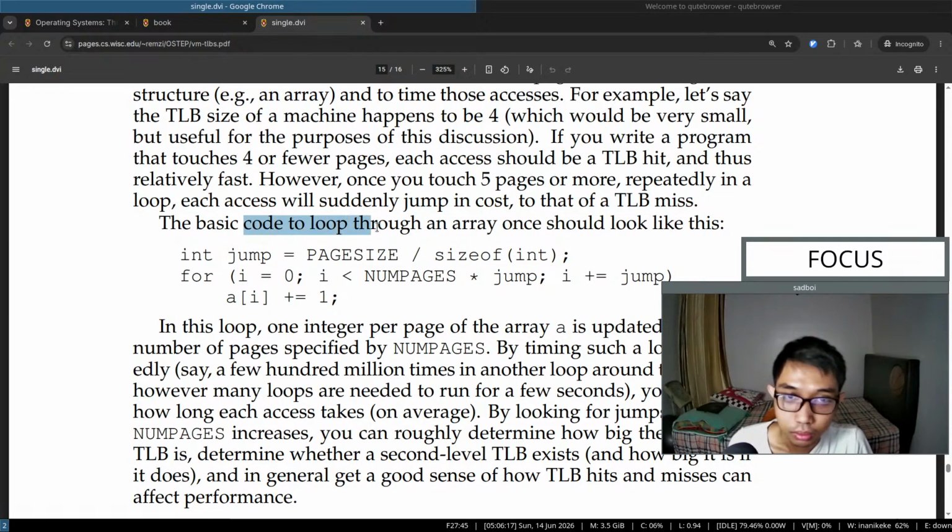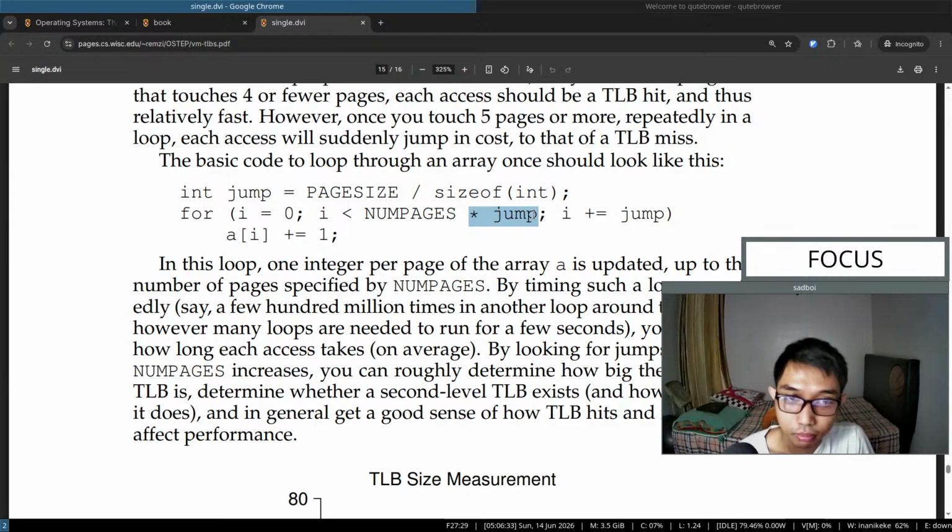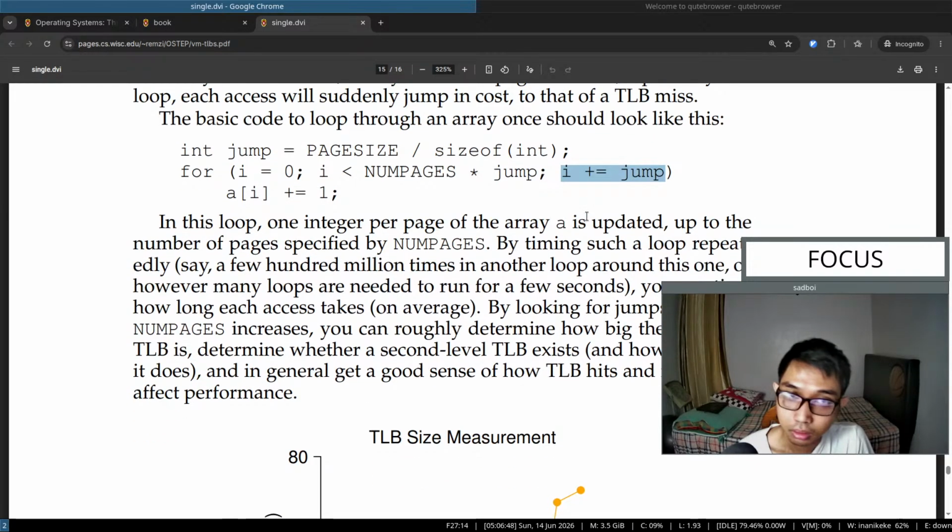The basic code to loop through an array should look like this: numpages multiply jump, then plus equal jump.